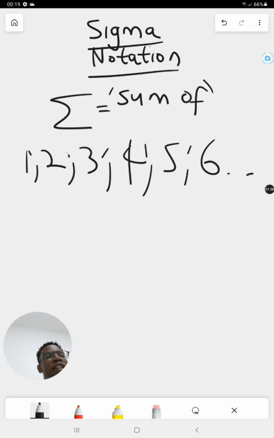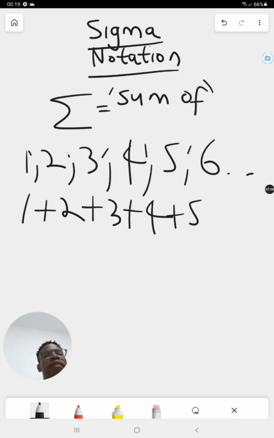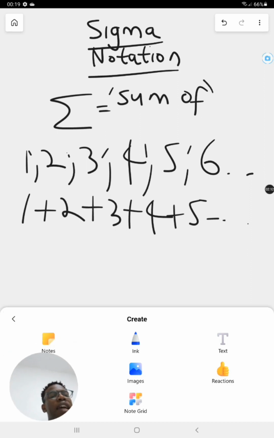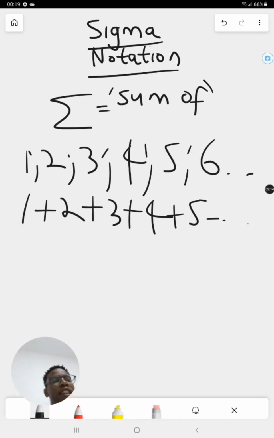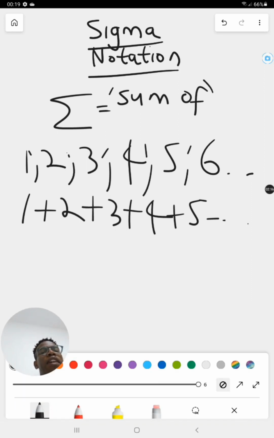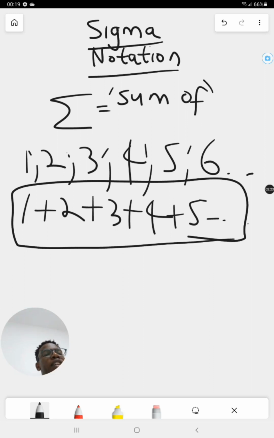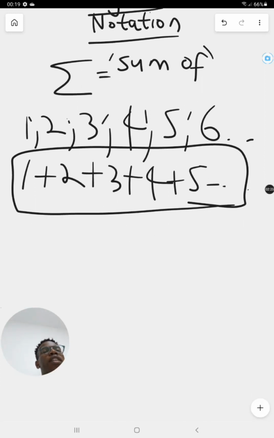Now, what a series is, is just an addition of the terms in the sequence. So this is a series: 1 plus 2 plus 3 plus 4 plus 5, etc. Now, sigma notation simply helps us express this series in a compressed form, or in short form. So instead of writing this entire thing out, we can write it in sigma notation.